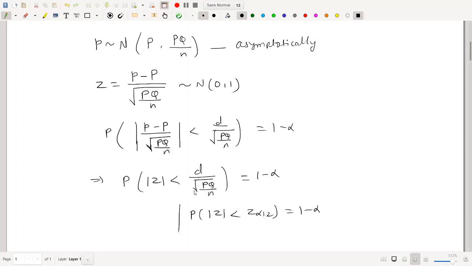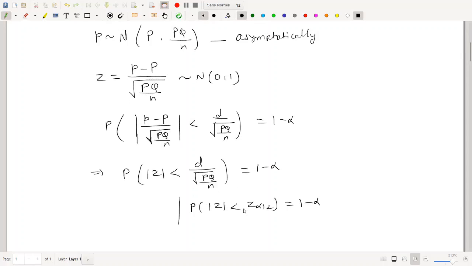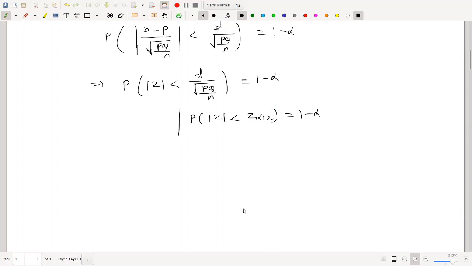Compare these two equations. Then we get d upon root of PQ upon small n is equal to z alpha by 2, and z alpha by 2 is obtained from the table.